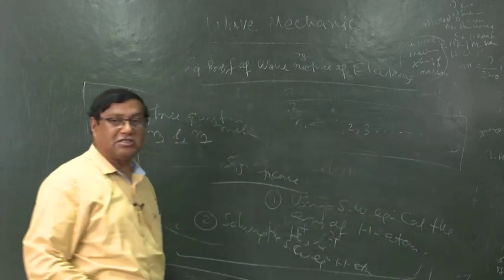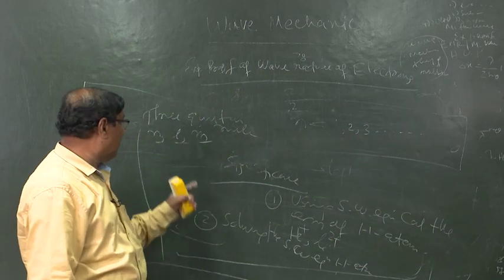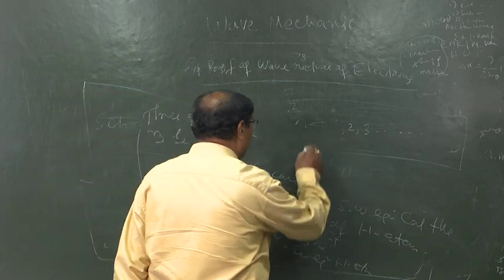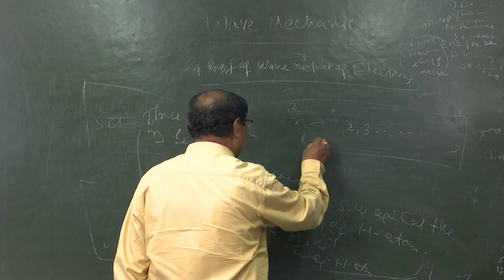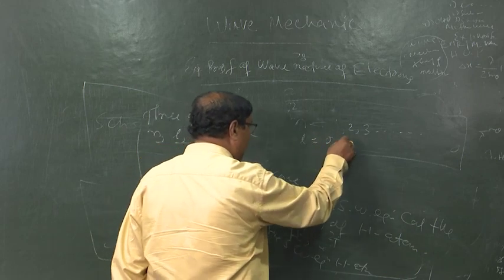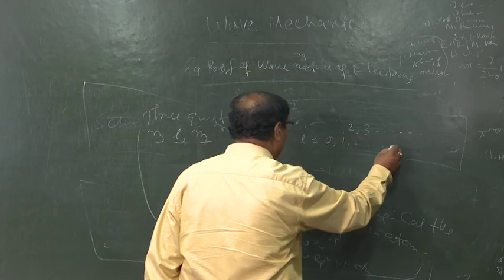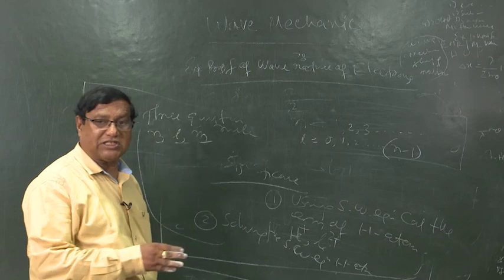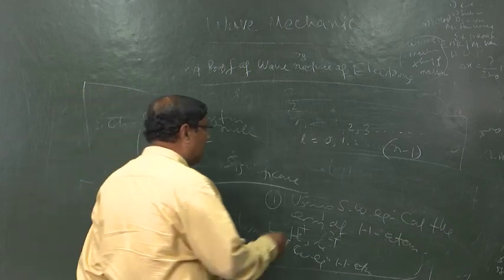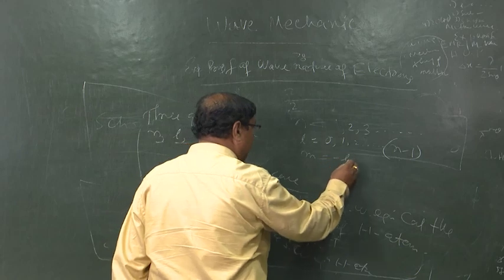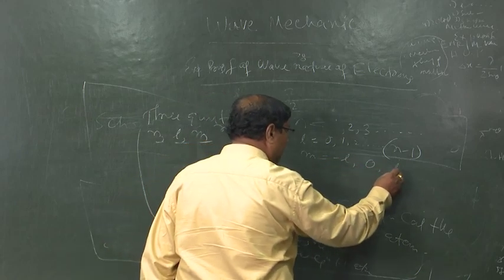Similarly, l will take the value 0, 1, 2, 3 up to n minus 1. It can take a maximum of n minus 1. Similarly, m takes the values minus l to 0 to plus l.